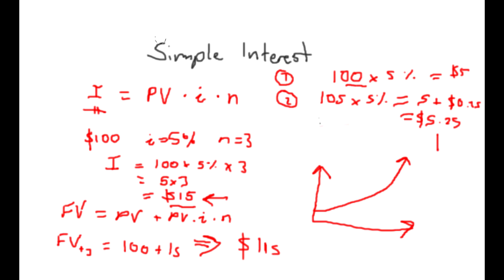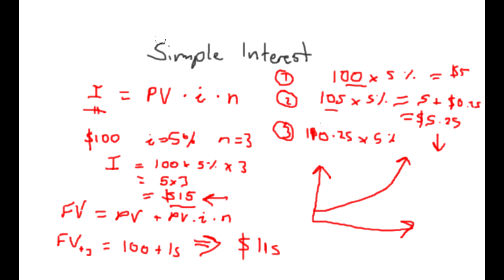Okay, and that's going to keep increasing over time, because in year 3 we're going to start with $110 and 25 cents now, 105 plus 5.25, and we're going to multiply that by the 5% interest.